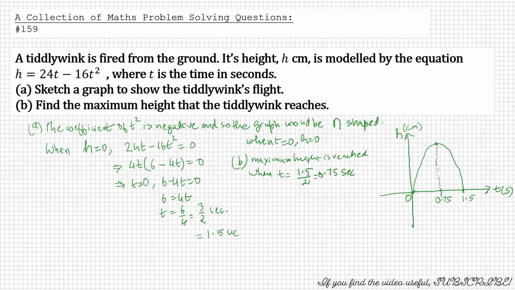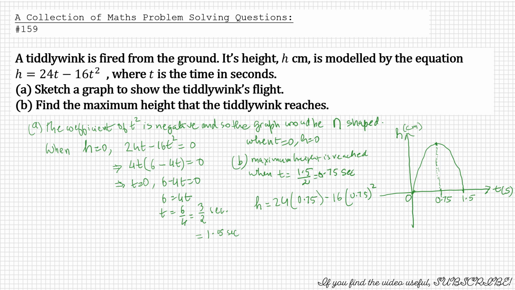Now when t is 0.75 seconds, we have to find what the height is. You simply have to substitute the values: 24 times 0.75 minus 16 times 0.75 squared.